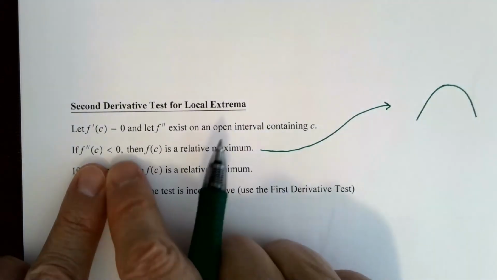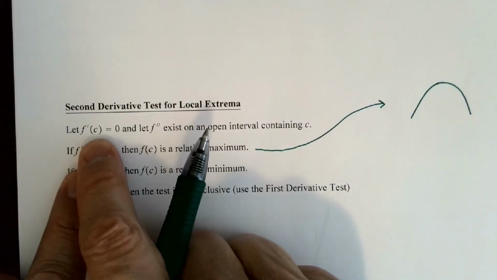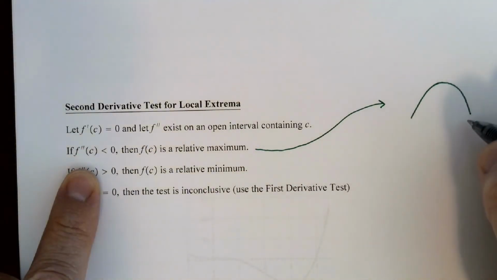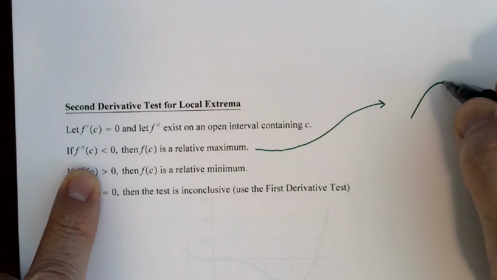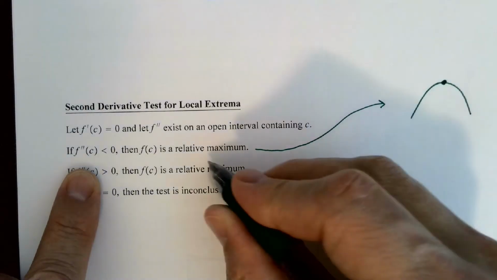The question, though, at C, what's happening? The first derivative is 0. Where is the first derivative 0 if we're concave down? Right here. That's a local max.